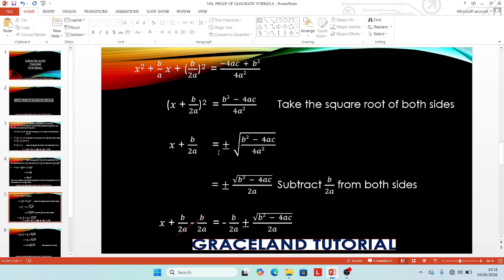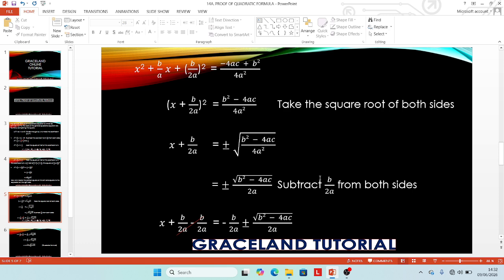Now, this is going to be plus or minus the square root of b squared minus 4ac over the square root of 4 is 2, and the square root of a squared is a. So which means we have x plus b over 2a is equal to plus or minus the square root of b squared minus 4ac over 2a.